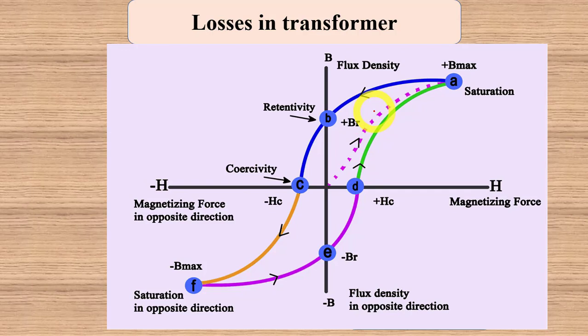Further, consider this material is placed under an alternating magnetic field whose frequency is 50 Hz. Then 50 cycles complete in 1 second. That means 50 joules per second is dissipated through the hysteresis loop. This 50 watt is known as hysteresis loss. According to the definition of power, the rate of change of energy per unit time is known as power.